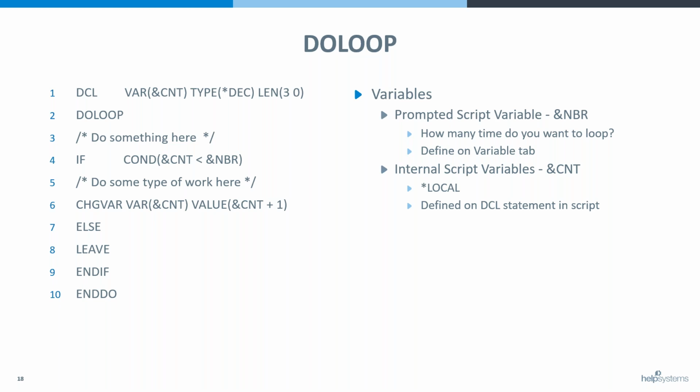Then we go down to line 8 because, if it's not true, we want to leave. Not only do we want to leave at line 9, we want to end the if. And not only do we want to end the if, we want to end the do at line 10. Each of those are separate commands available inside the script within SQL. Hopefully that mouthful made sense.